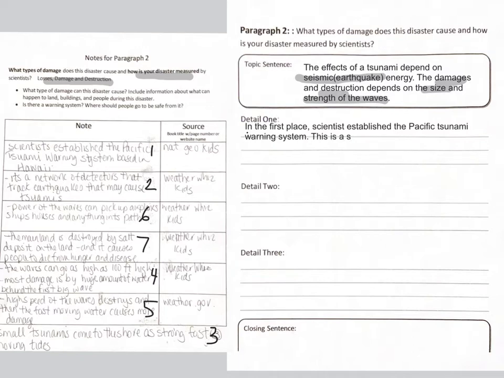This is a network of detectors that track earthquakes that may cause tsunamis. Now notice I didn't use all of the information in my notes because sometimes we gather notes and we decide that some of it's just extra or we don't need it all. So I didn't use every single word or phrase in number 1 and 2, but I did use most of it.